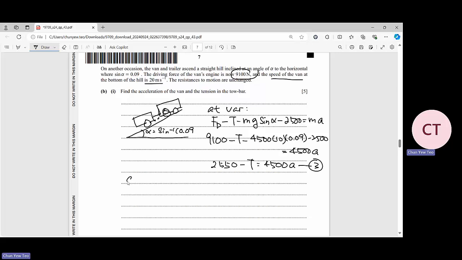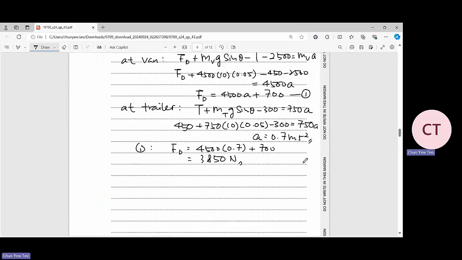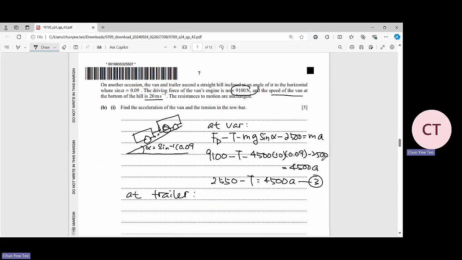Then at the trailer, this one is equation number 2, it's just that I didn't mention. Okay, 2 into 1. Now we have equation number 3 over here.